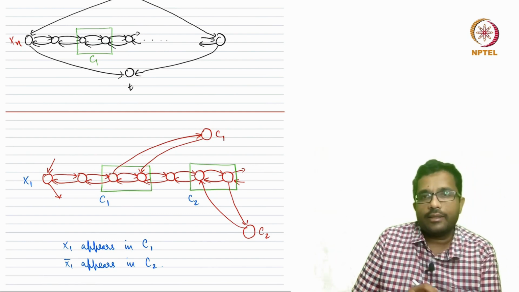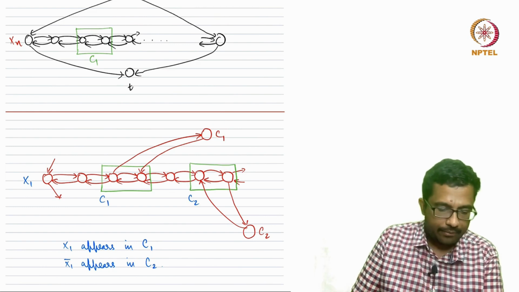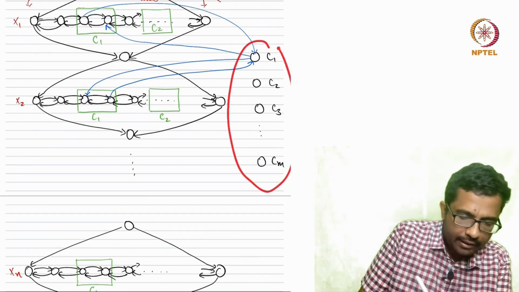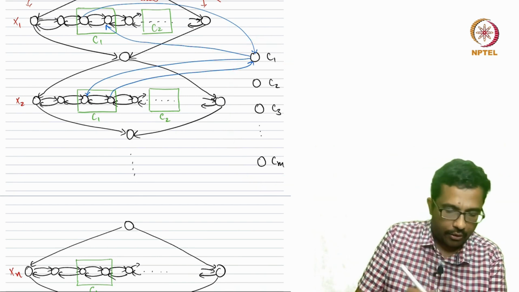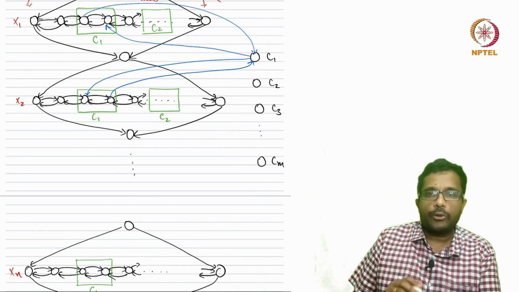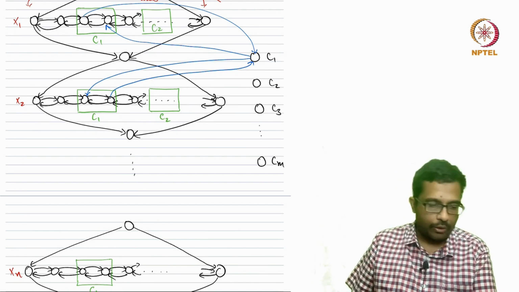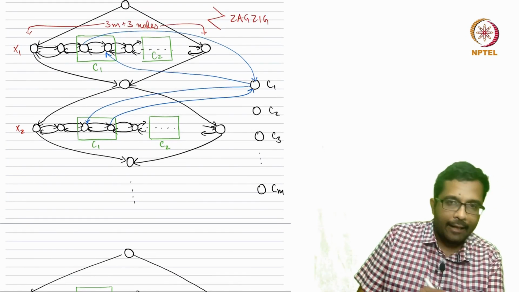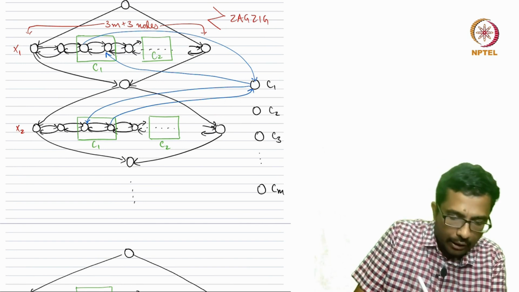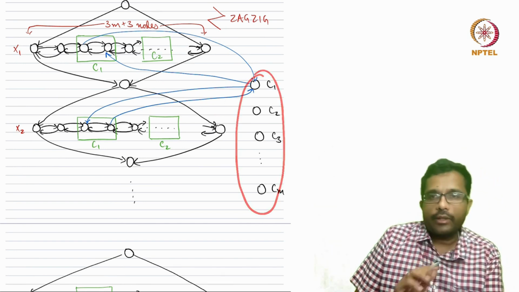Before that, let me tell you, there are going to be m vertices on the right side or somewhere, and these correspond to the m clauses. So you have n diamonds, one for each variable, and m vertices, one for each clause.